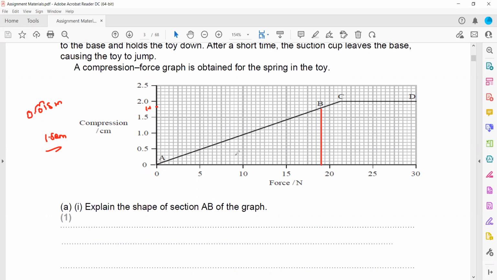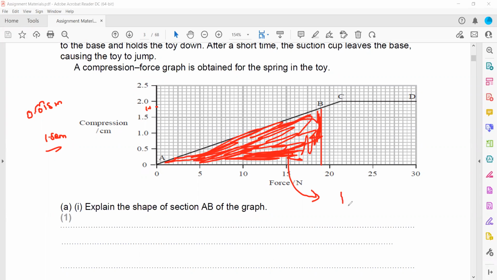So we'll take the area under the graph, because the area under the graph will give us the energy stored. It will be half force times extension, or compression. So half the force applied, which is 19, multiplied by the change in length, that is from 0 to 1.8.